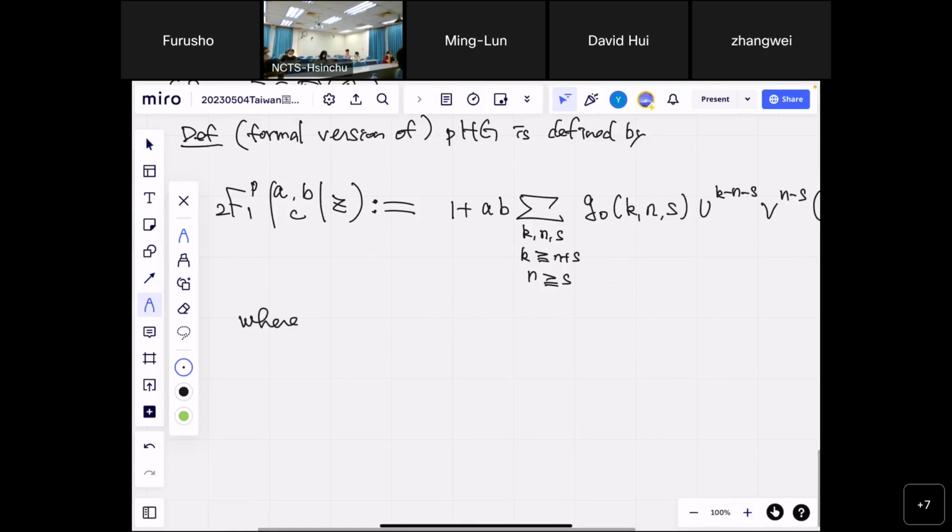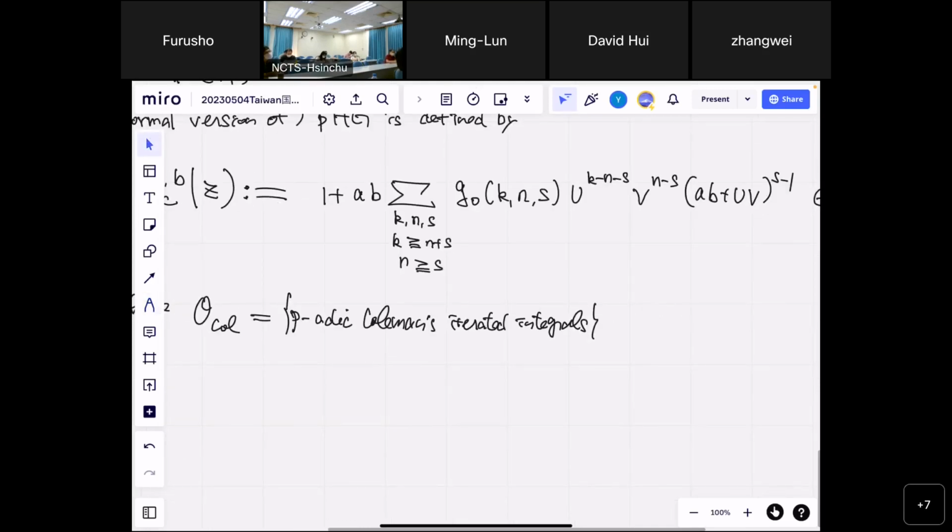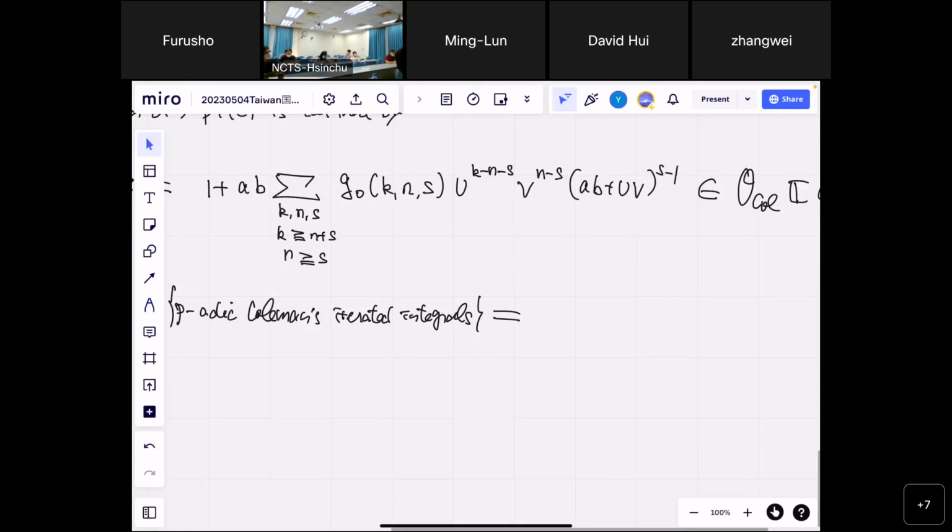We call this a set of p-adic formal functions, related to integrals. And in my setting, this is equal to the function generated by Cp, the p-adic logarithm and p-adic multiple polylogarithms.